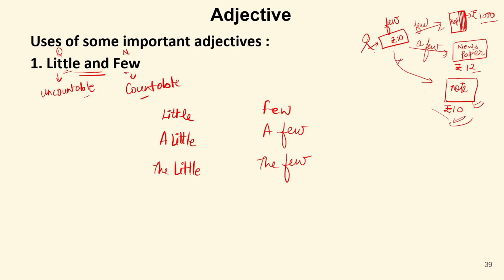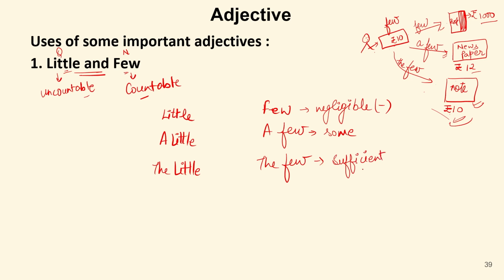So this is the few amount. It means few is negligible or valueless. That is, it is used in a negative sense, whereas a few states some and the few states sufficient.